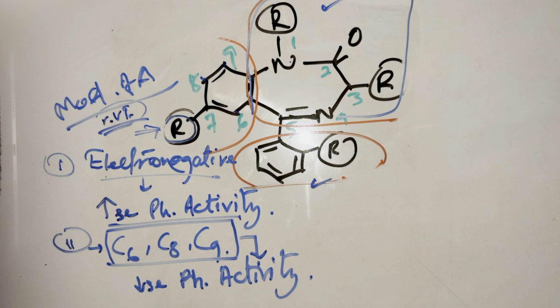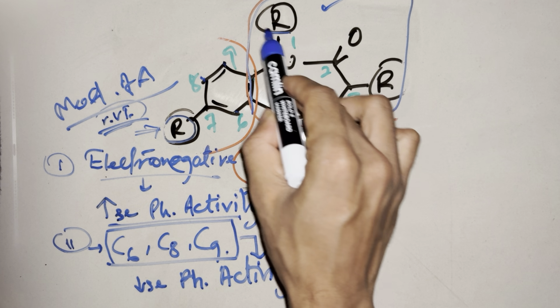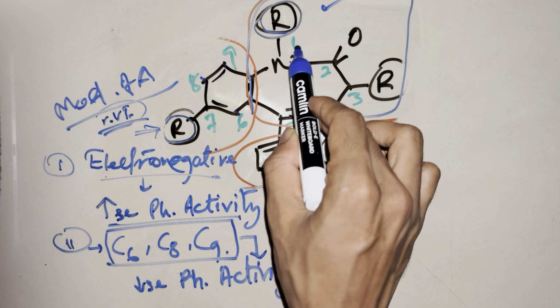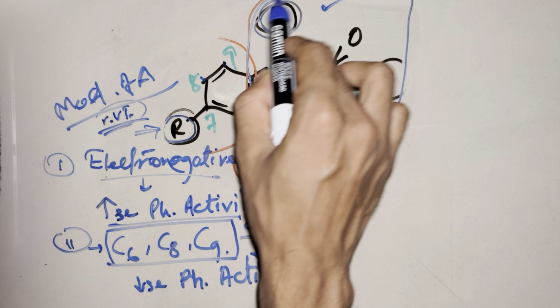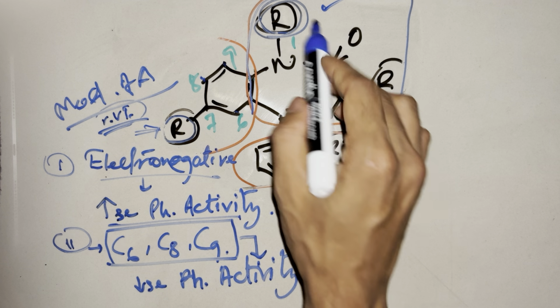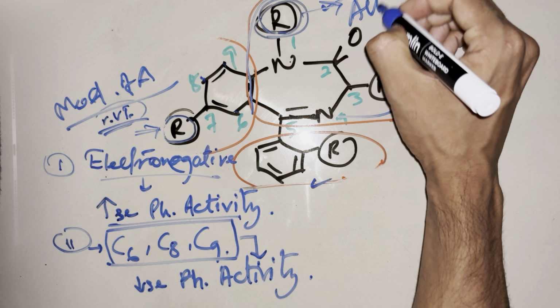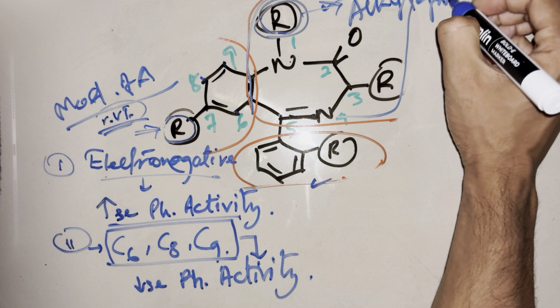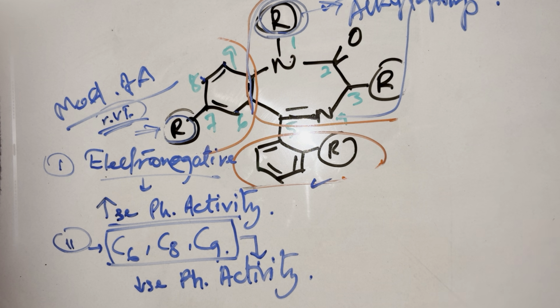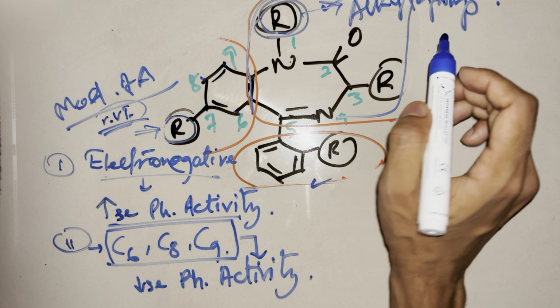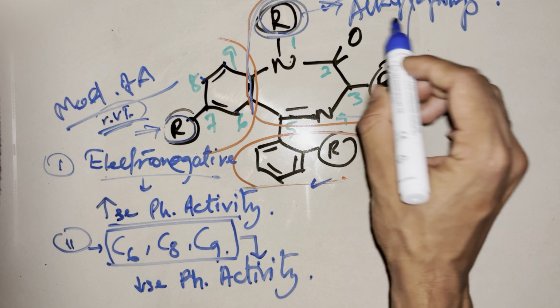What will be the modification in ring B? In ring B, there is an R group at the first position. On the nitrogen we will see a substituent R. So in that R group, if an alkyl group is present, then what will happen? This alkyl group substituted at the first position increases the activity of benzodiazepines.